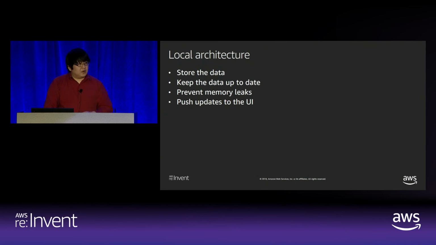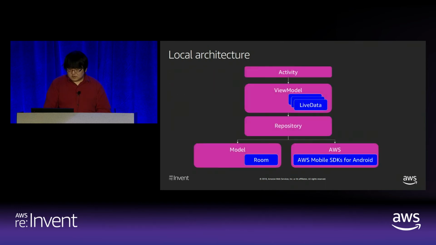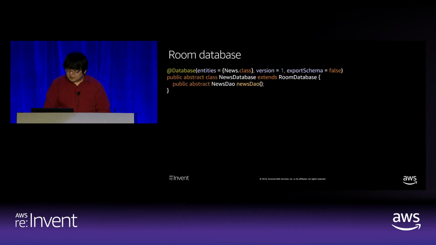While we're updating UI, we're holding references to the UI, and we'll be looking at a clever way to use live data to prevent any memory leaks, and also live data to push updates to the UI. So again, in this local architecture diagram, we're going to be starting on the bottom left with the model and Room. Let's see how to actually set that up.